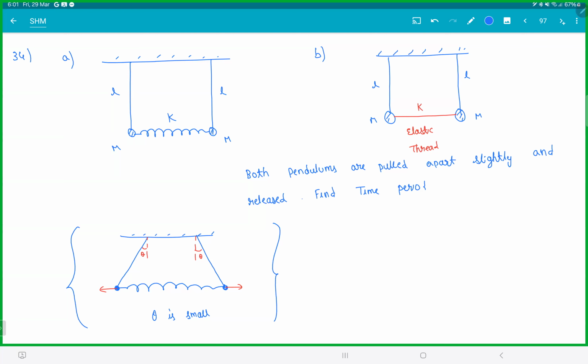Is the question clear? How do we do this? I'll give you 2 minutes for the first part. If you got the first part, second part will come. Without first, second won't come. Both are related.